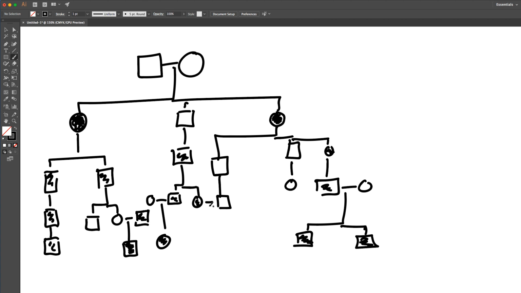And these two people had two sons that were afflicted.